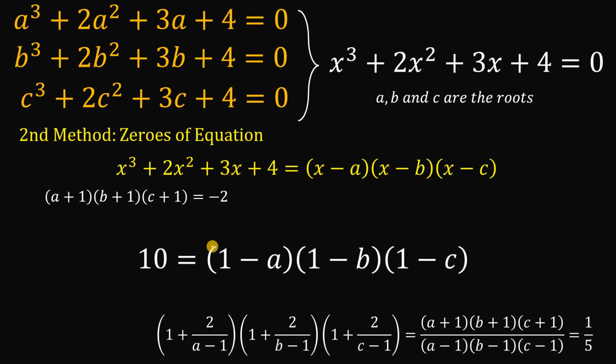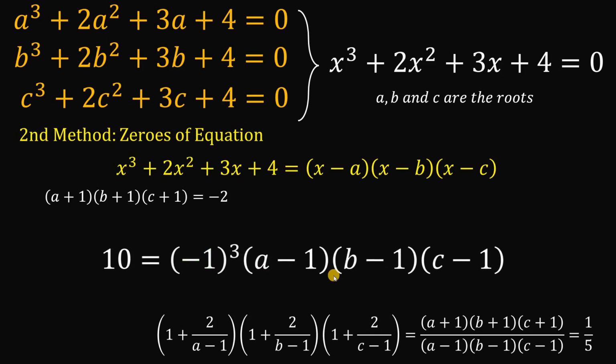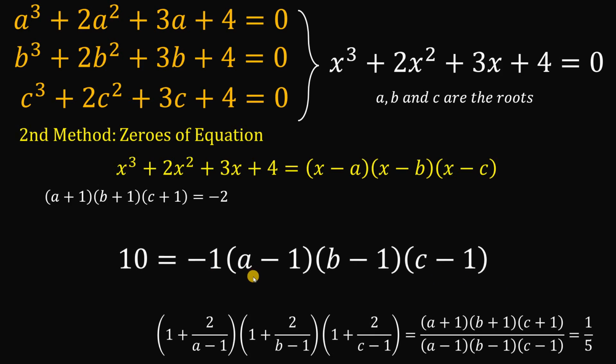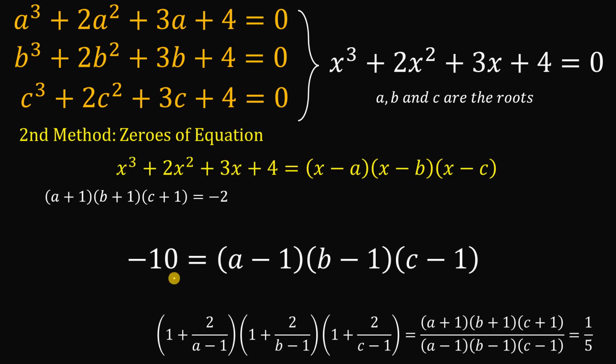Again, if we factor out negative 1 on these three terms, 1 minus a becomes a minus 1, 1 minus b becomes b minus 1, and 1 minus c becomes c minus 1. So the right-hand side is negative 1 cubed multiplied by a minus 1, b minus 1, c minus 1. Negative 1 cubed is negative 1. Multiply both sides by negative 1, and a minus 1 multiplied by b minus 1 multiplied by c minus 1 is negative 10.